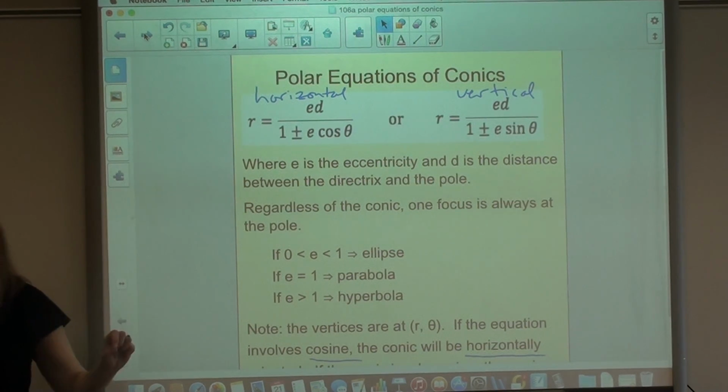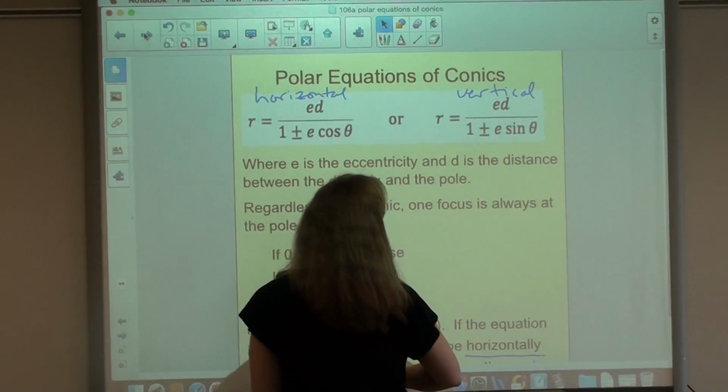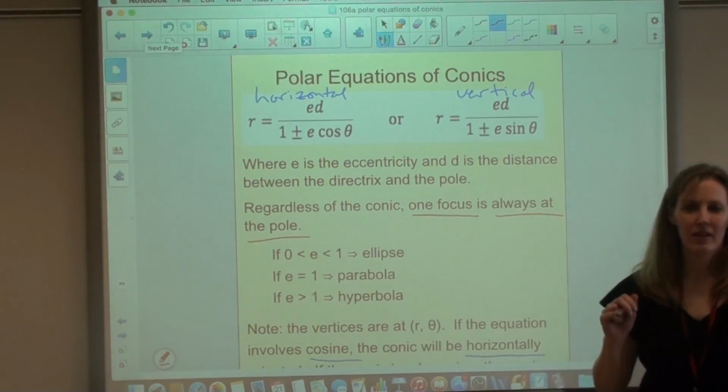I should really say a directrix, because ellipses and hyperbolas have multiple directrices, and only a parabola has 1 directrix. So D is the distance between one of the directrices and the pole. Regardless of the conic, one focus is always at the pole. This is really key. There is always a focus at the pole.